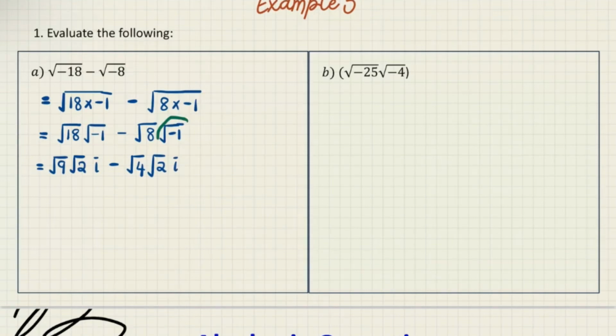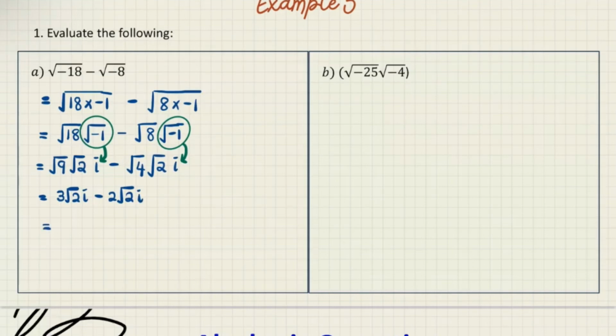Okay. So square root of 9 adalah 3. So it will be 3 square root of 2 i minus with 2 square root of 2 i.